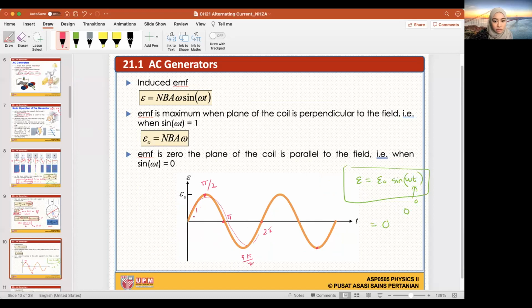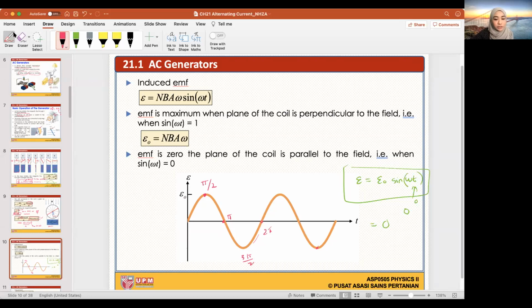Wait, kejap. A quarter of your cycle is pi over 2, sorry. Pi over 2, pi, 3 pi over 2, 2 pi. Okay, betul.